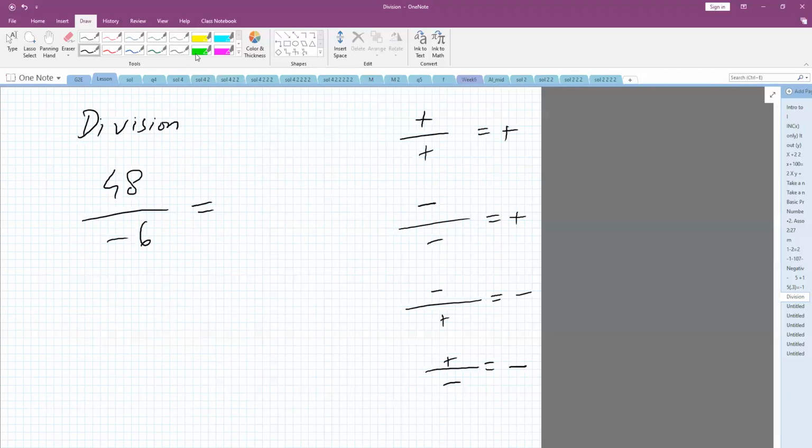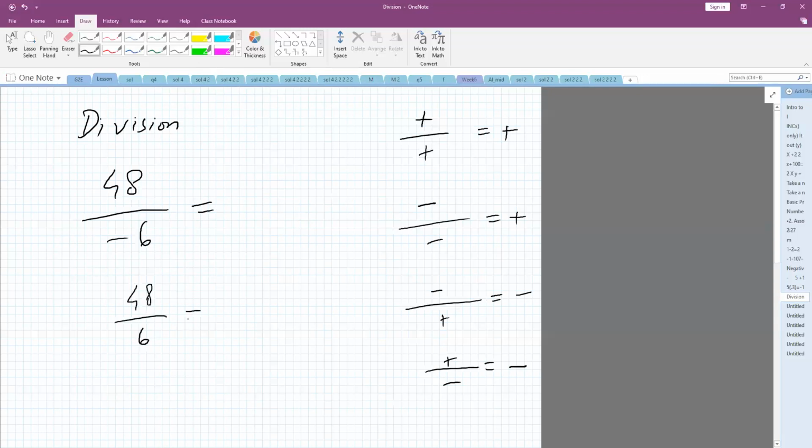So, okay, maybe positive minus dividing by a negative, which makes negative 42. No. Negative 42 doesn't make the answer. See, you have division, right? Okay, so let me ask you first. What about this one now?